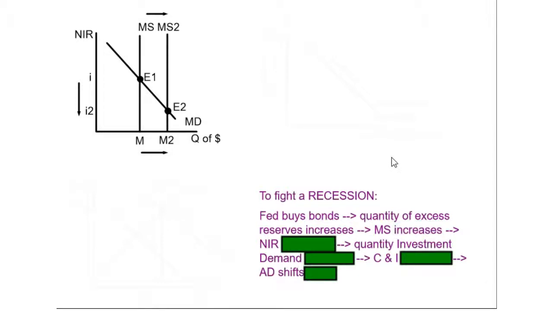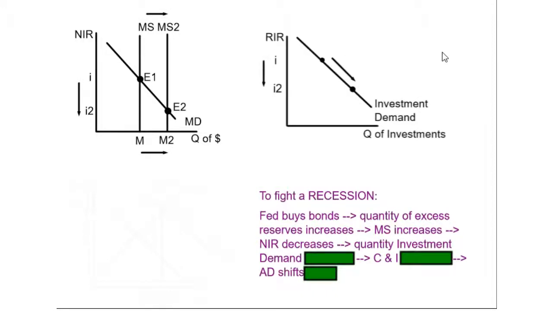So all of those things are shown on the model that we see. So you definitely want to be able to draw this and label all of the pieces. We can see how money supply has shifted right, and when it does, the nominal interest rate decreases. That's going to lead us to the investment demand model.